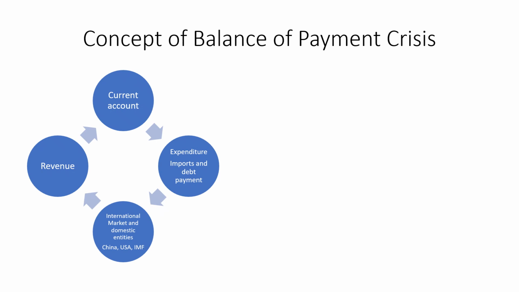Now we're going to understand the concept of balance of payment crisis. What is balance of payment crisis? I've tried to make it simple and easy to understand for all of you. So starting with a circular process. There is an account of a country that is called current account, and in simple words, this account is like the wallet of the country. Whatever the country spends, the country takes the money out from this account.